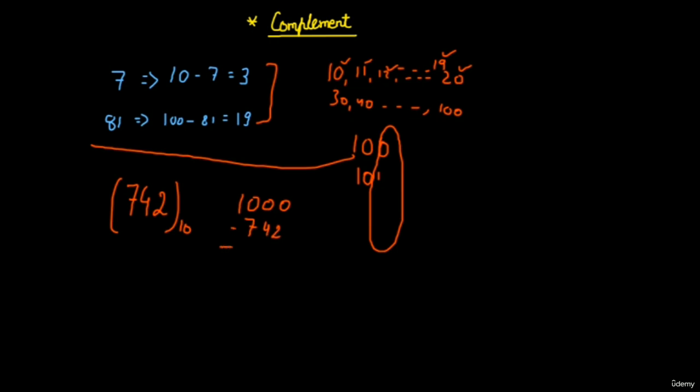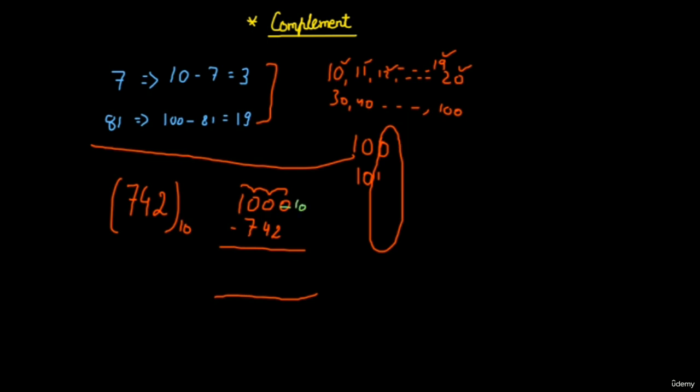So the basic logic and the concept of the complement is zeros and ones. Now you are able to see that even in the concept of the decimal we use zeros and ones, so that's why it is related to the binary. Absolutely. So now on solving, of course 0 cannot subtract 2, so we are going to take 10.